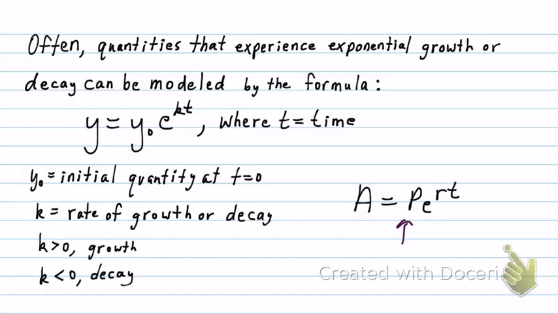R is usually our interest rate, which for this problem could be a rate of growth or decay. And T is still for time in years. And so it's very similar to what we've done with PERT. So let's look at an example.